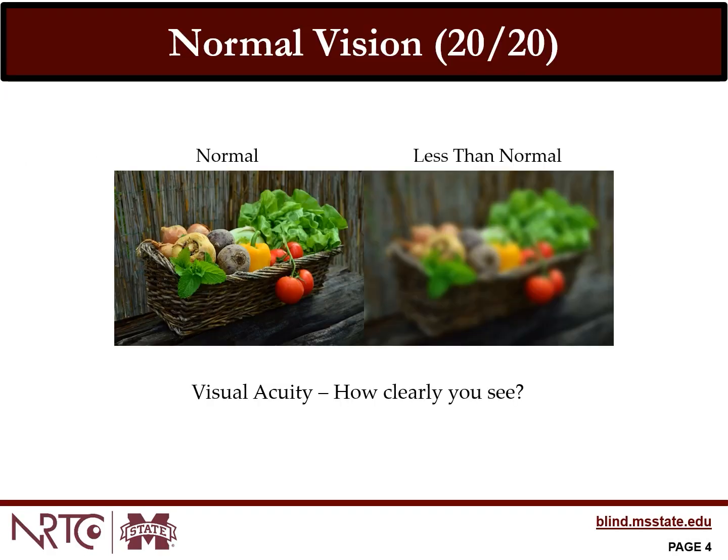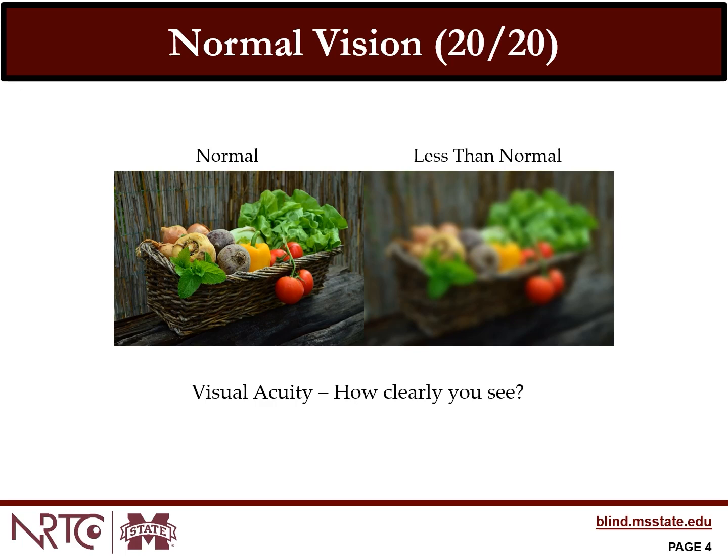The measurement of how clearly one sees is called visual acuity. Visual acuity, or normal vision, is described as 20/20 vision. Saying 20/20 means that a person can see at 20 feet what the average person can see at 20 feet.